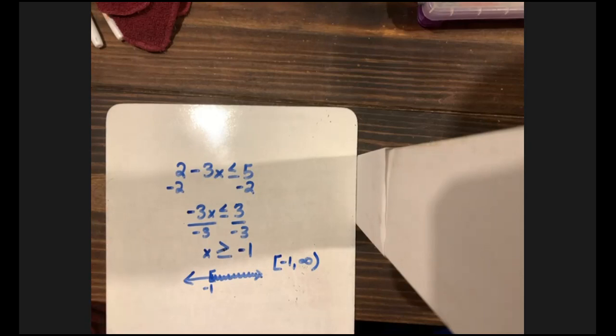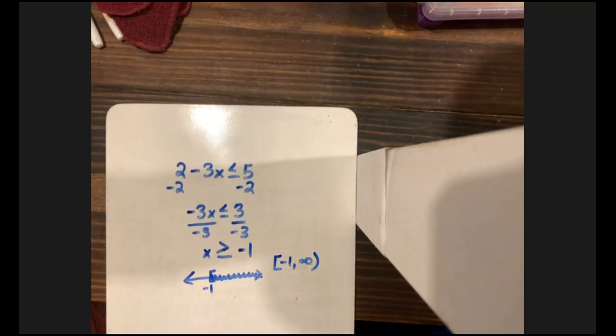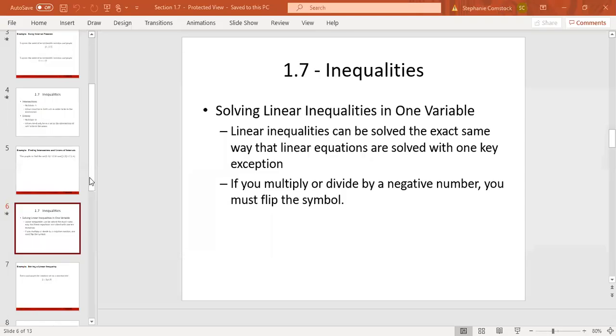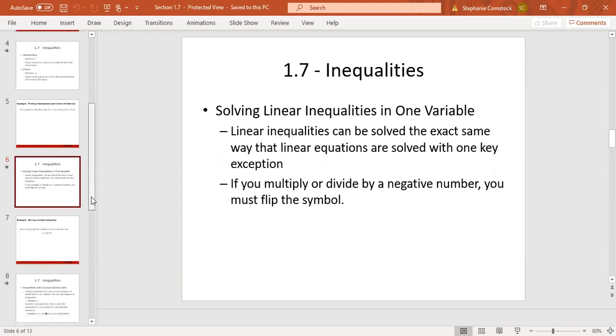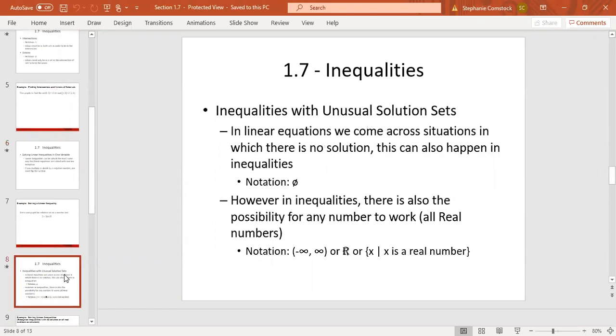Now, when we work with these, we will sometimes have some strange answer sets, and I'm going to show you what these look like as well. We do have some that have no solution at all. So it's going to use that same circle with the slash through it to indicate that there is no solution. However, on some of them, we will also get that any number will work.